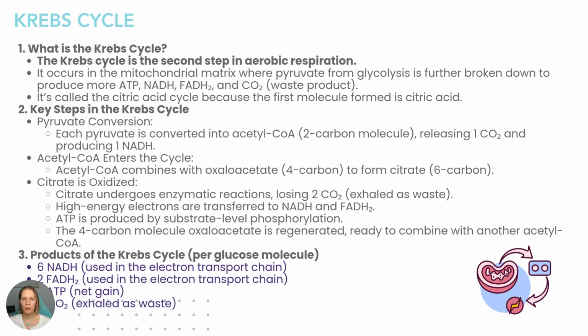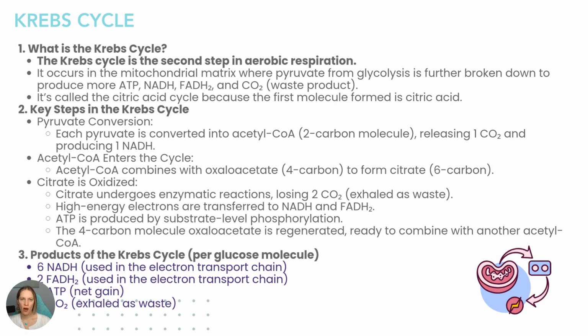You know they both mean the same thing. Some call it the citric acid cycle because it's the first molecule formed. But the key steps here are the pyruvate conversion, the acetyl-CoA then enters the cycle, and then the citrate is oxidized. So all of these reactions are happening.